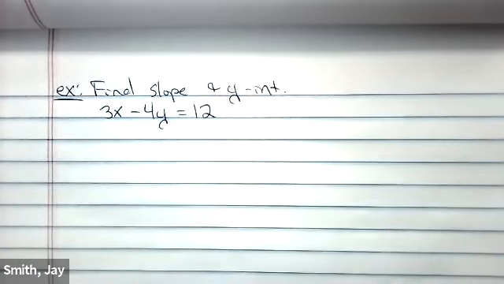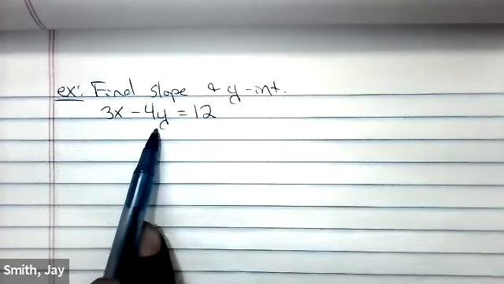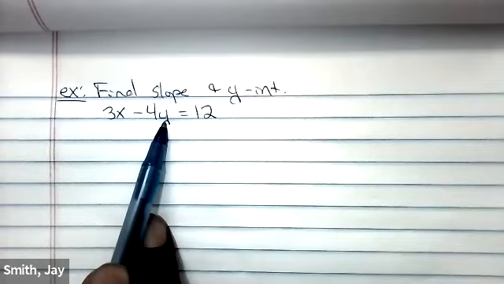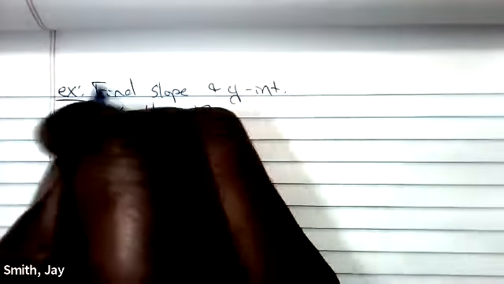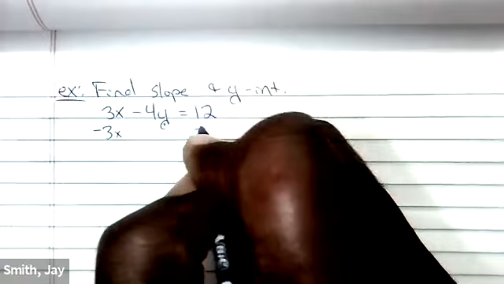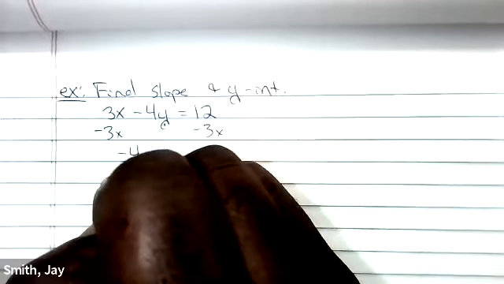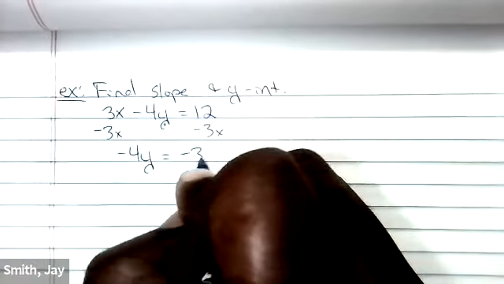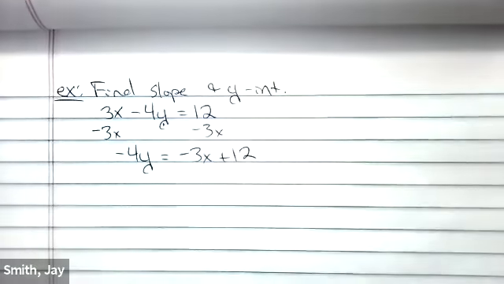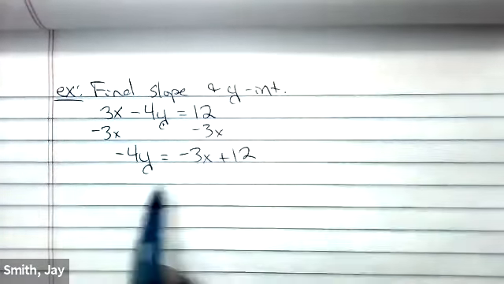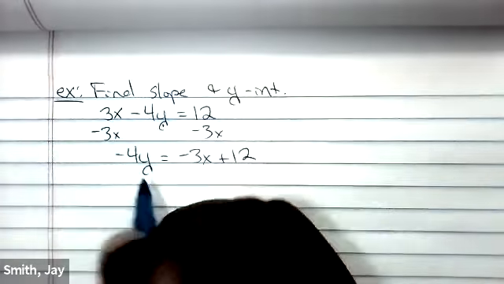So if it were me, the easiest way to do that is to put it in slope-intercept form. Y equals mx plus b, which means we need to solve for y, or get y by itself on the left-hand side of the equation. The first thing we're going to do is subtract 3x from both sides. It's going to be a -4y is equal to -3x plus 12. Then to get the y by itself, divide everything by -4.